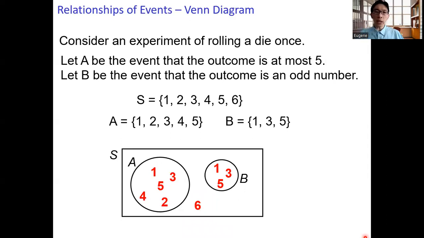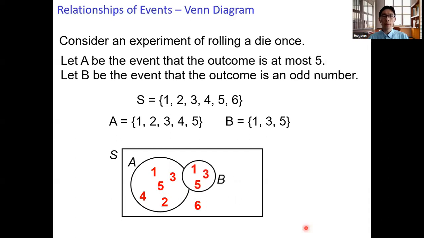From this Venn diagram, you can see some duplication. The numbers 1, 3, and 5 are in both circle A and circle B. So in fact, we can combine them to reduce such duplication. We can construct the Venn diagram like this.